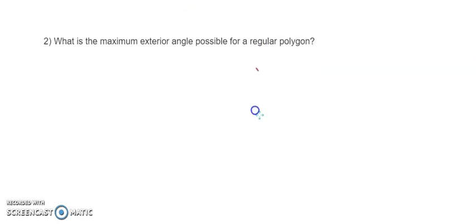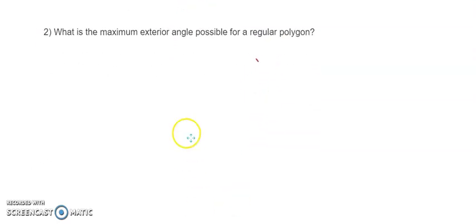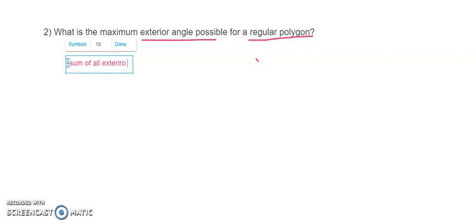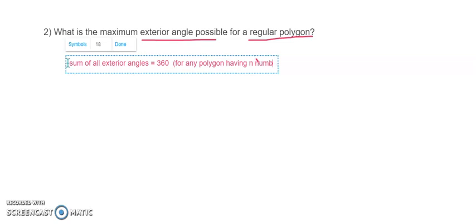what is the maximum exterior angle possible for a regular polygon? The maximum exterior angle which is possible is 360, because the rule says that the sum of all exterior angles is always equal to 360 for any polygon having n sides.